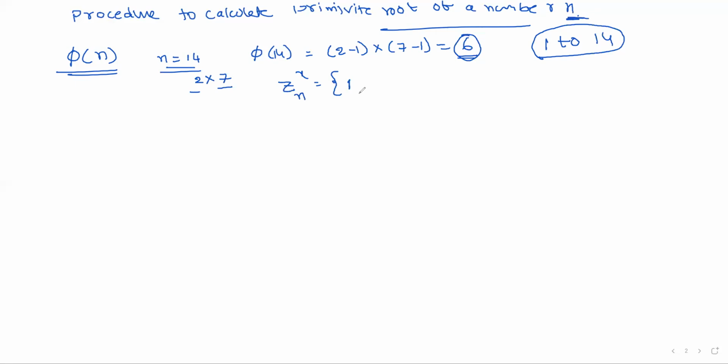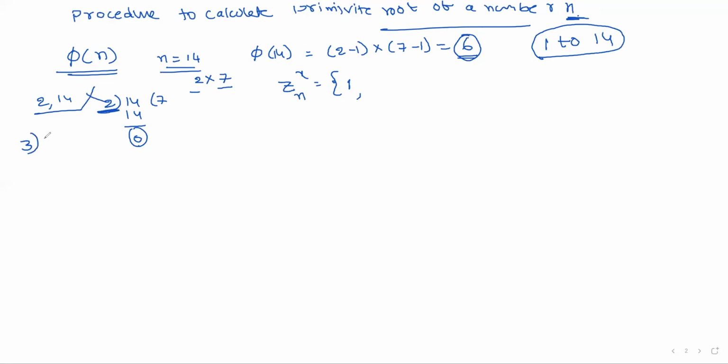So 1 is an element. Now 2 with 14. Observe, are 2 and 14 relatively prime? Calculate the GCD. 2 7s are 14, the remainder is 0. The GCD is equal to 2, so 2 is not relatively prime.